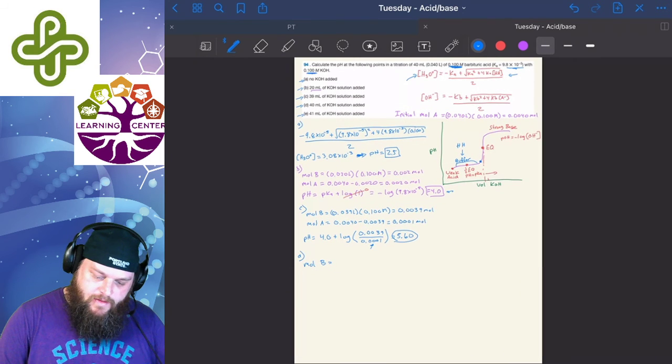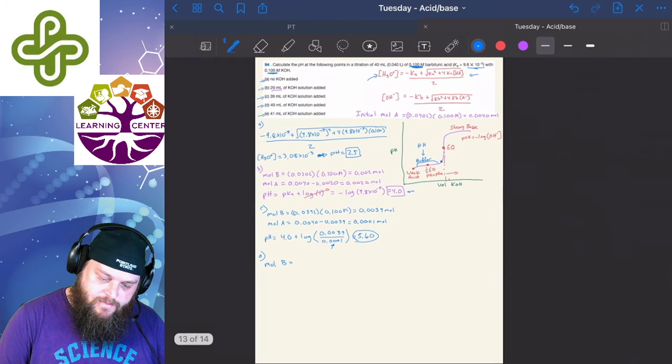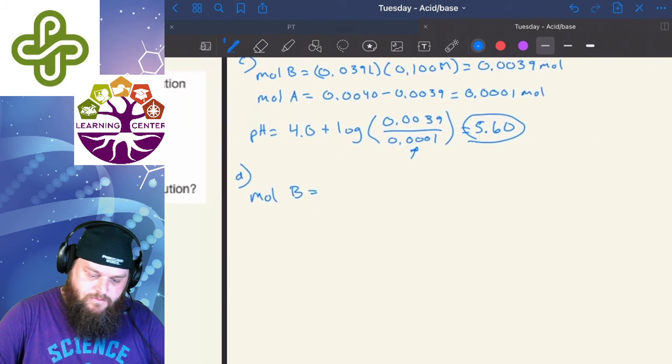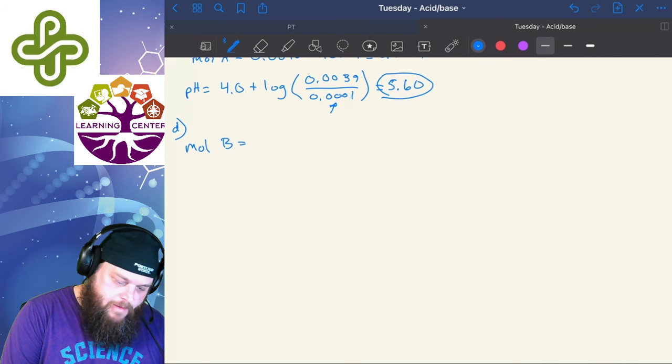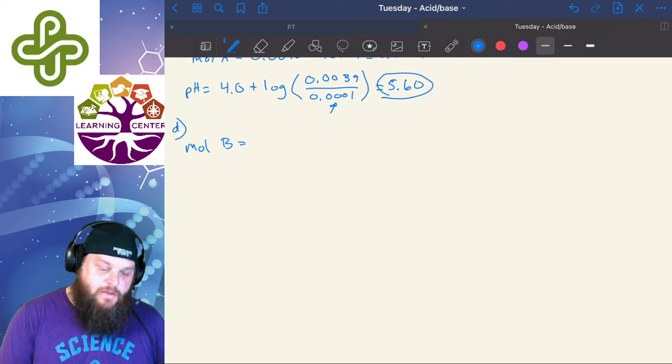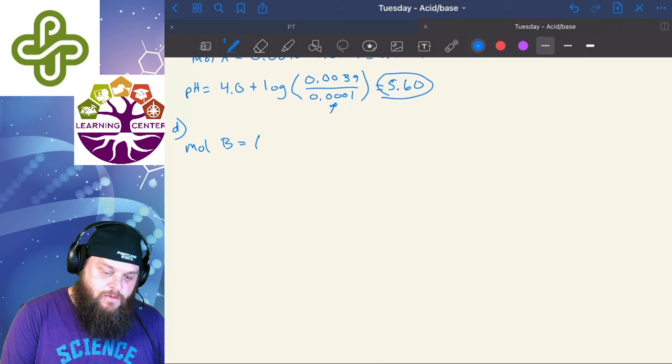I'm going to have a part E as well, so I was going to just use the next page for it. But we can see the mole of B is equal to 0.04, because we have 40 milliliters now, times that 0.100 mole per liter.